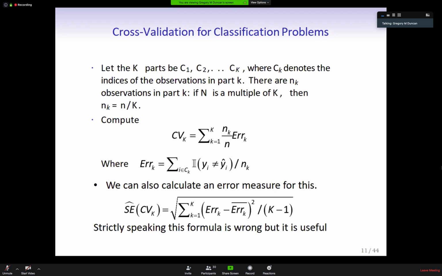That's the usual formula for a standard error. It turns out it really isn't the standard error of the CV. The standard error for the CV is much more complicated. But it turns out it works well for what we use it for, and that's for ranking models. So even if it isn't the correct CV standard error, it will help us in ranking models from most accurate to least accurate.